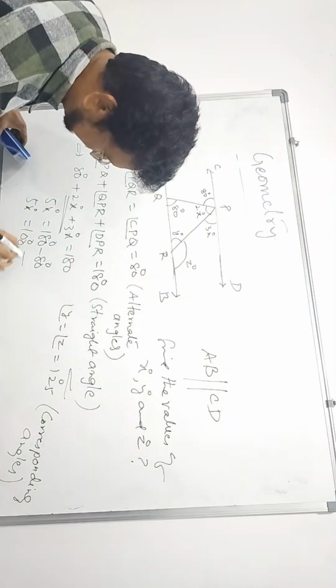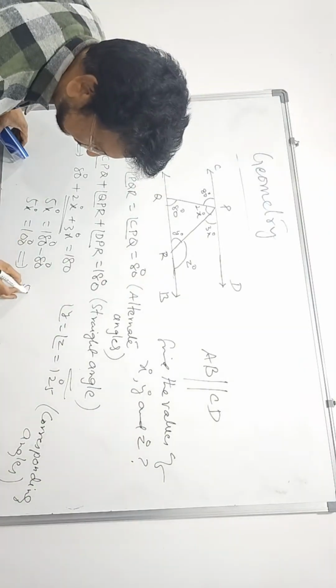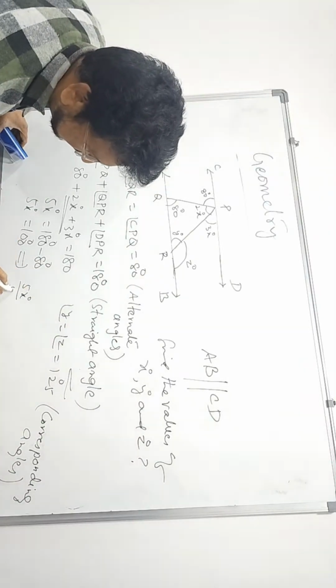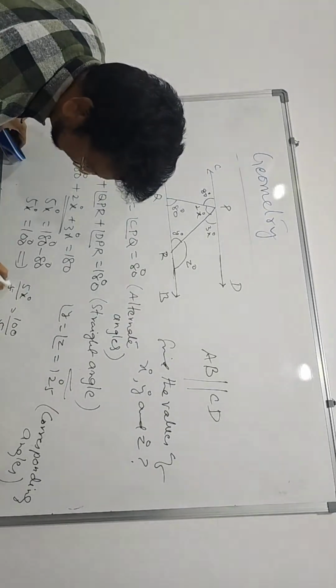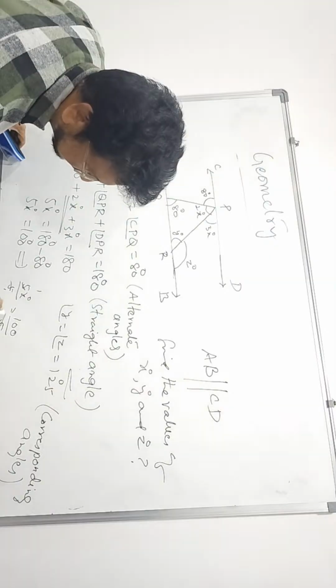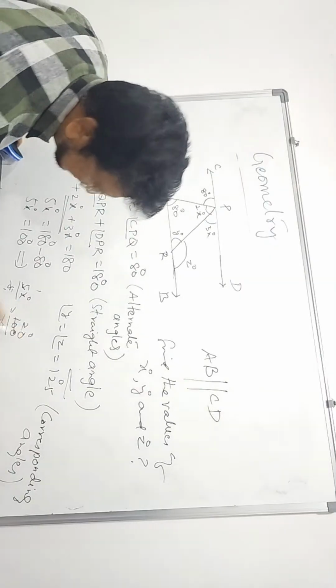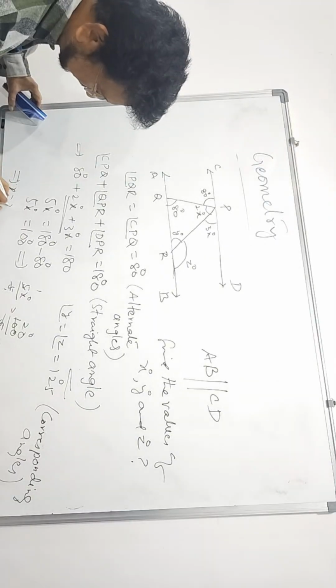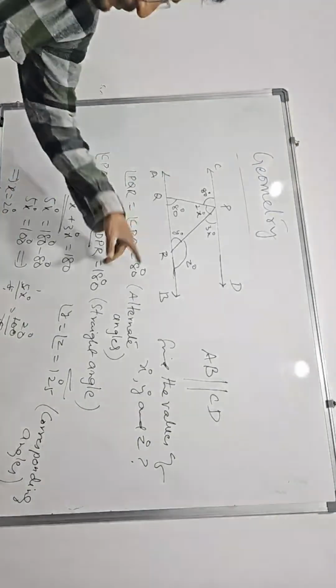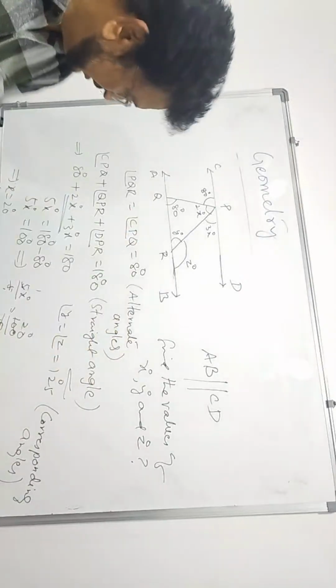See here, divide both sides by 5. 5x by 5 is equal to, here also divide by 5. This cancels, you will get the answer of x. 20 degree you are getting. X value is how much? 20 degree. First answer you got. Find x he said. We got x.